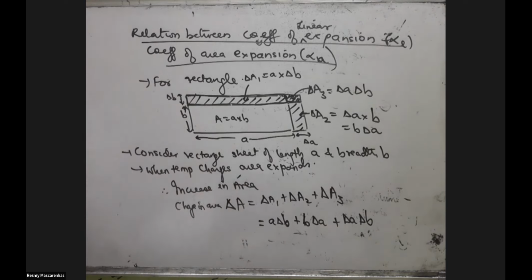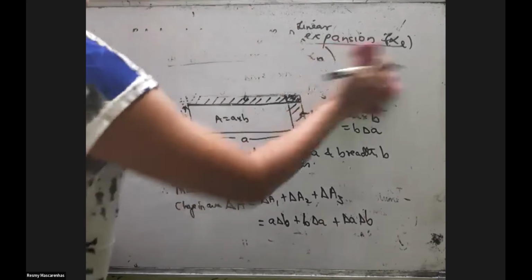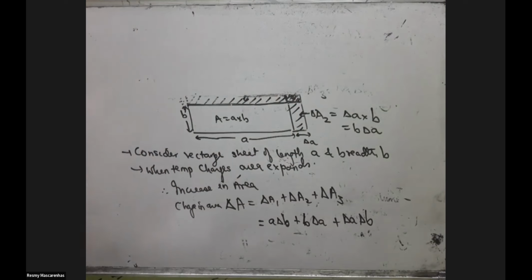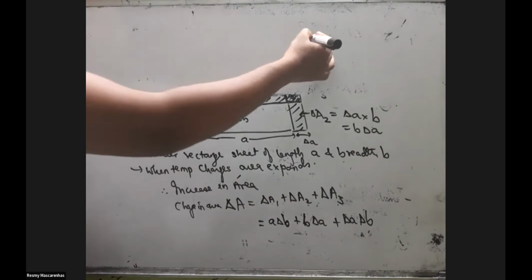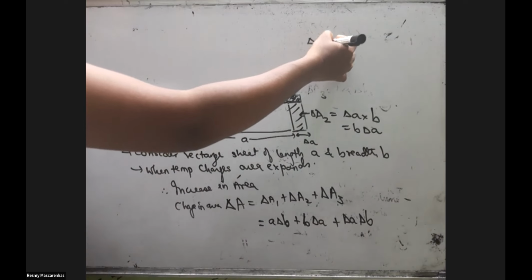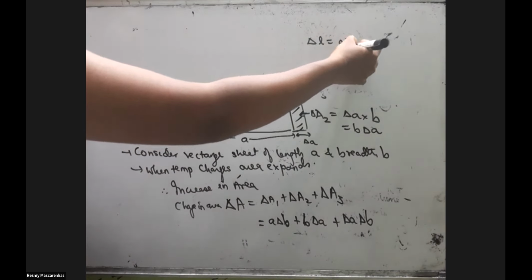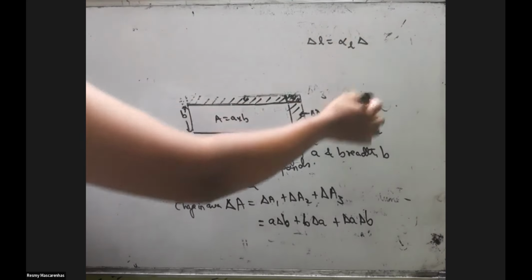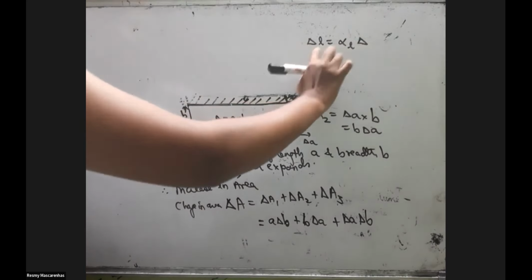Now, next step. We know delta L was nothing but alpha L times L into delta T, the increase in the length.